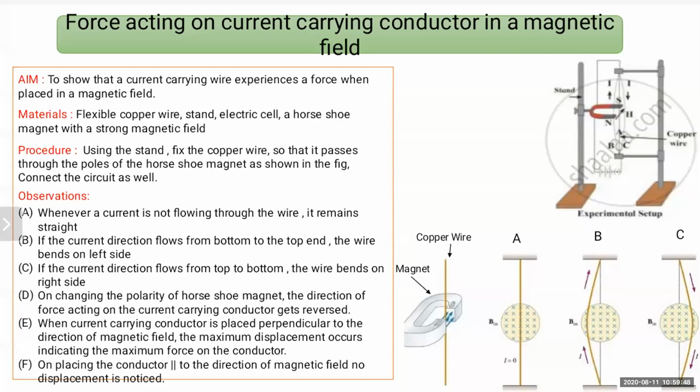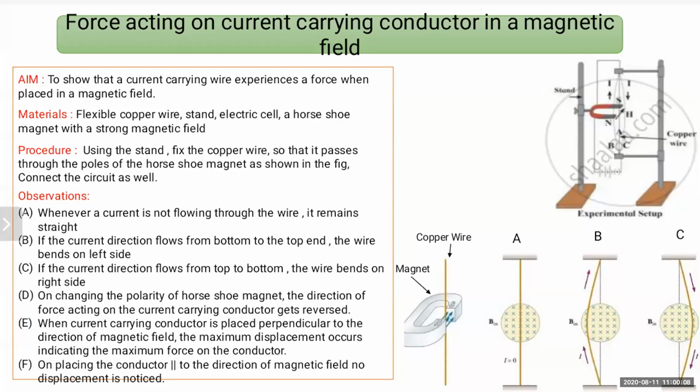And on changing the polarity, if we reverse the current, the direction of the current flows from top to bottom, and the wire bends on the right hand side.